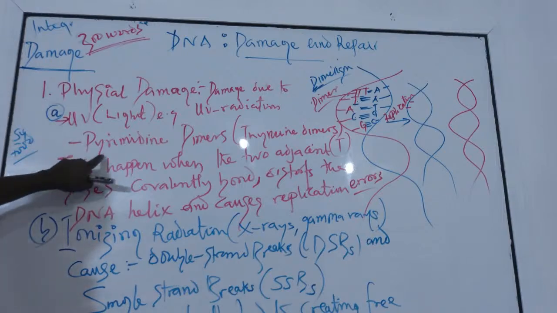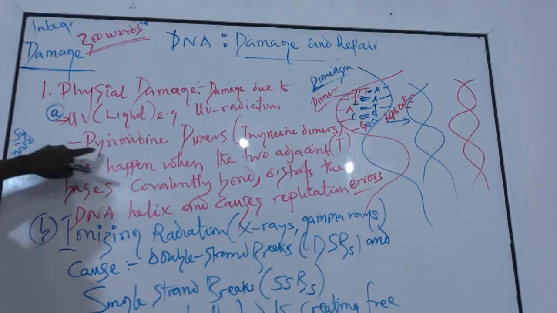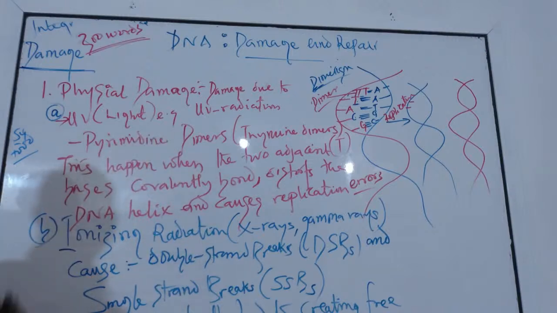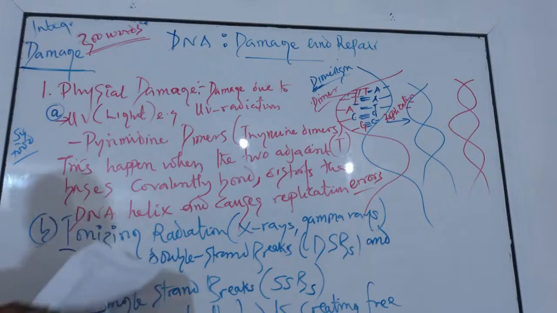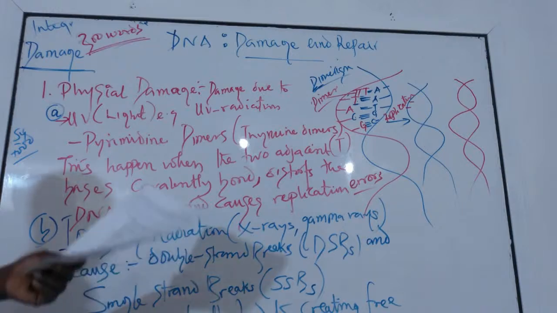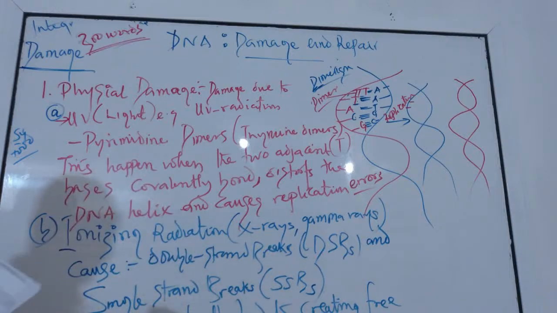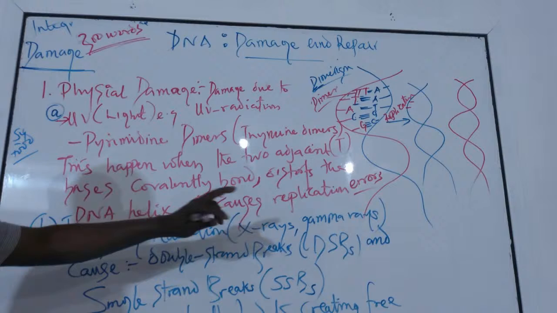The first one is pyrimidine dimers. This happens when two adjacent bases, thymine in particular, covalently bond together and thereby distort the helix structure of DNA, leading to what is called replication errors.